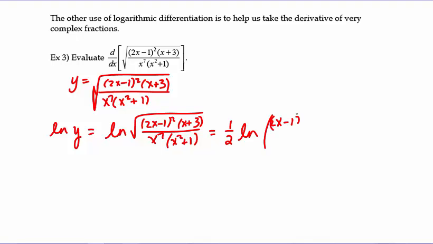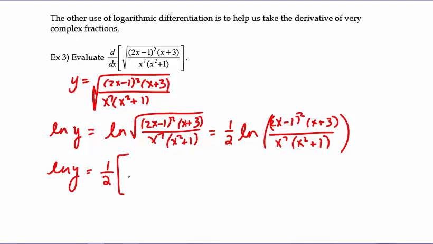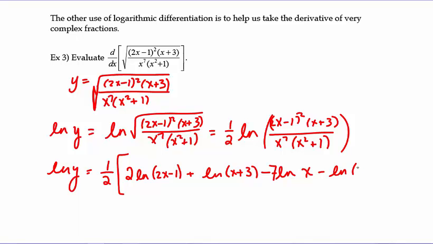So this thing right here is equal to this thing right here, the square root of (2x minus 1) squared, (x plus 3), over x to the 7th, (x squared plus 1), which is also equal to 1/2 times 2 ln(2x minus 1) plus ln(x plus 3) minus ln of x to the 7th, so I'll bring the 7 down in front, minus ln of x squared plus 1.